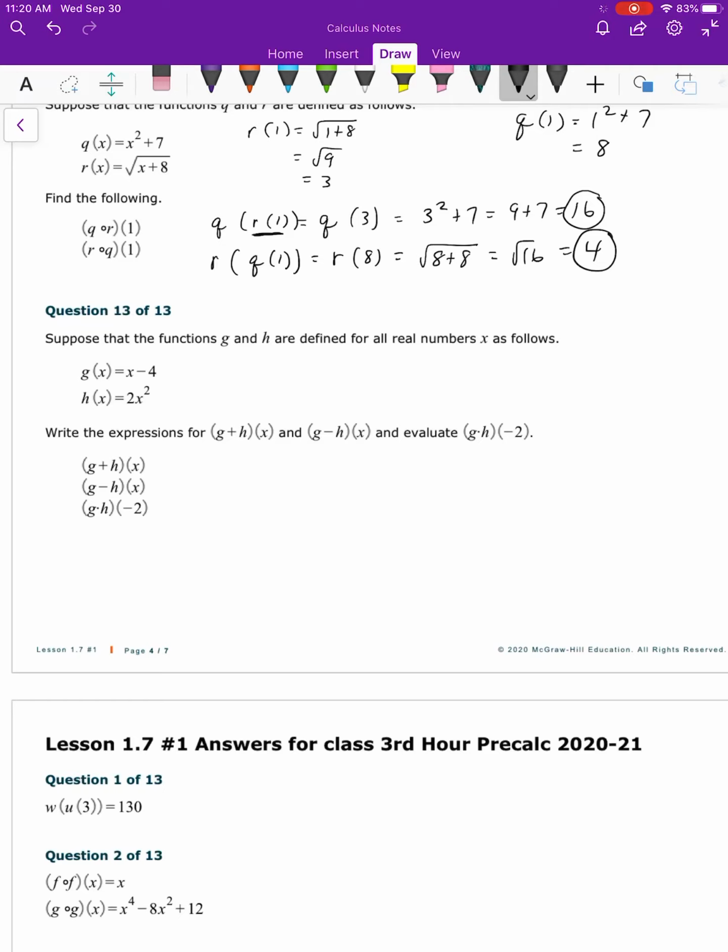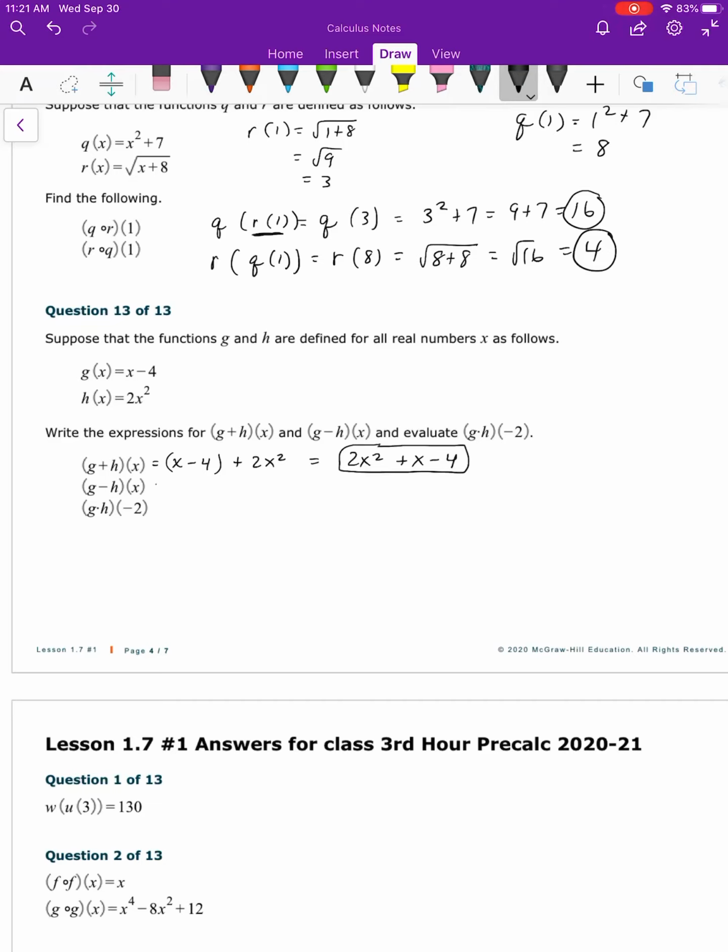write the expressions for each of these. So if I had G plus H, I have X, oops, accidentally put plus. I have X minus 4 is my G, plus 2x squared. I would simplify that to 2x squared plus x minus 4.